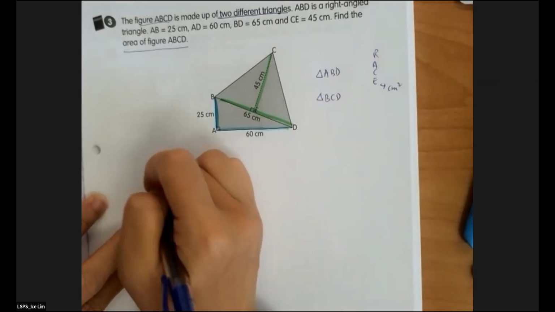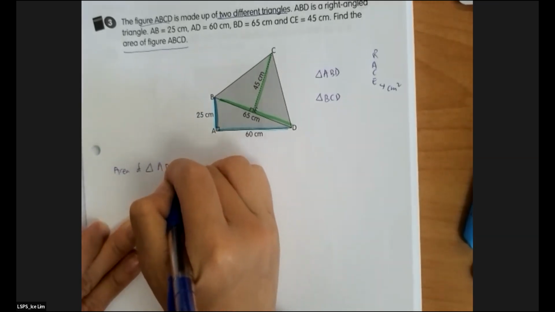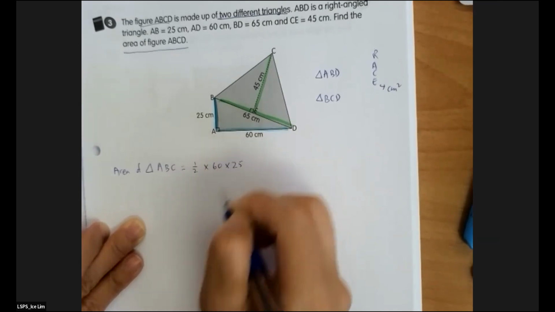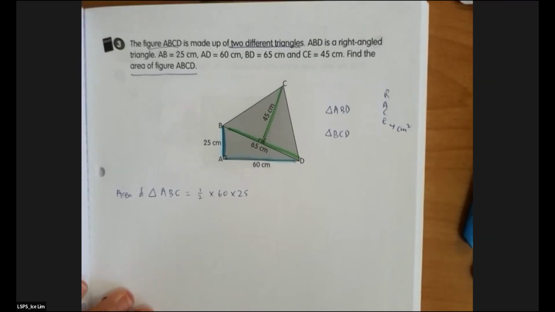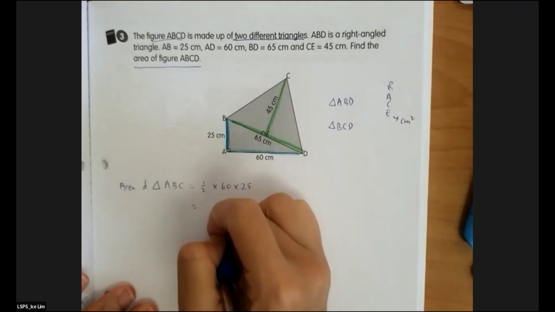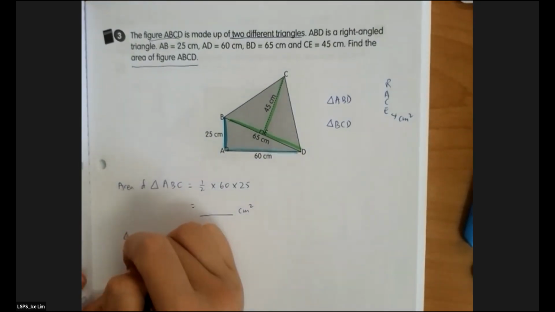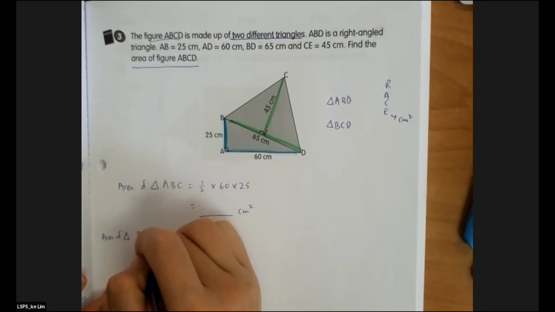So area of triangle ABD is equal to half times 60 times 25. Can you understand? You are allowed to use a calculator for this. I want you to get the answer, square centimeter. Then you have area of triangle BCD.